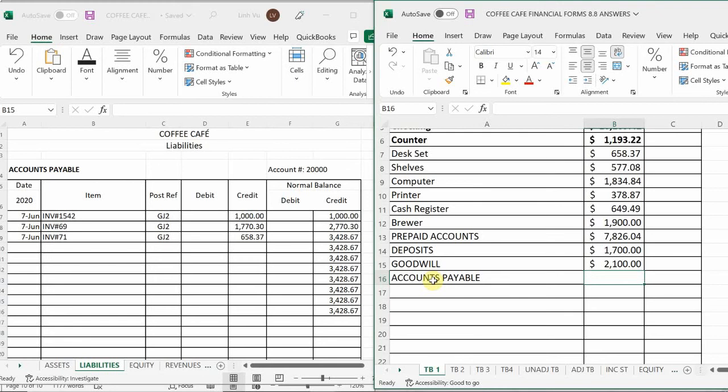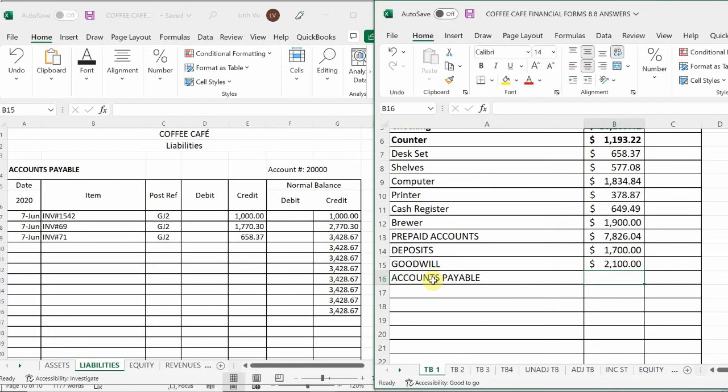How much do I owe in my accounts payable account? $3,428. Right? What side? Debit or credit?